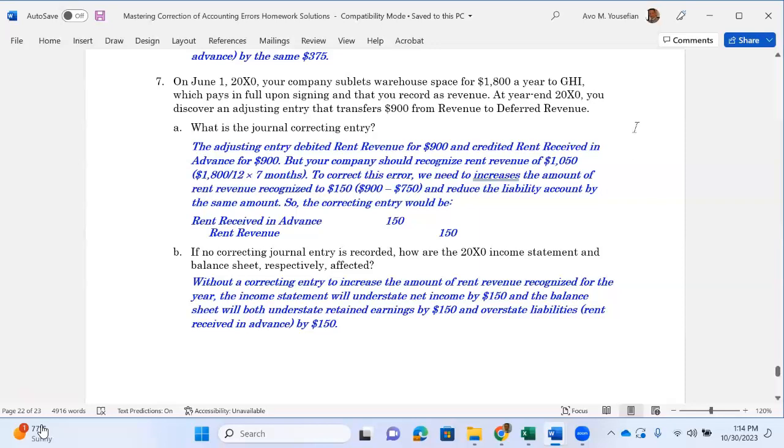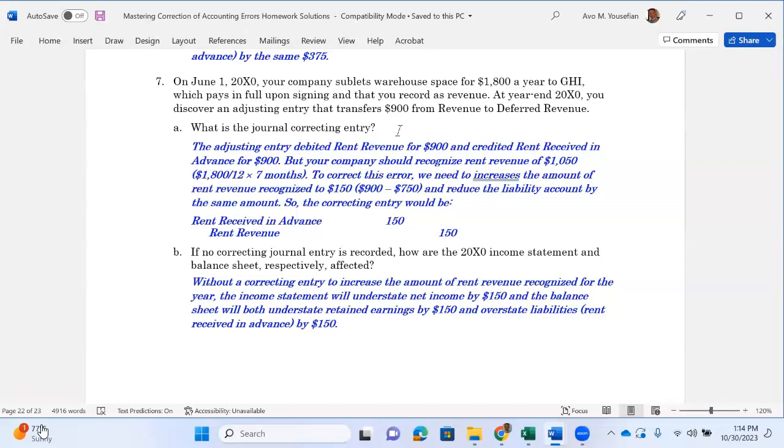At the year end of 2020, you discover an adjusting entry that transfers $900 from rent revenue to deferred revenue. So let's transfer that. So debit rent revenue $900 in your T account and credit deferred or unearned revenue as a liability.